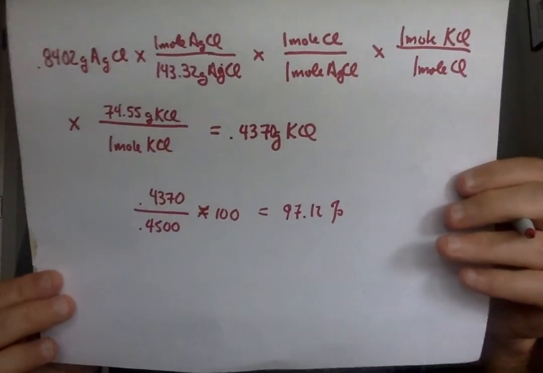I'm going to times that by 100. And then to do 4 sig figs, that's going to be 97.12%. And we can see that it's a pretty pure sample. We didn't mess that one up too bad.